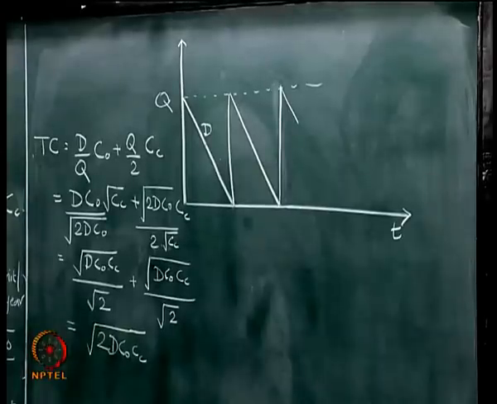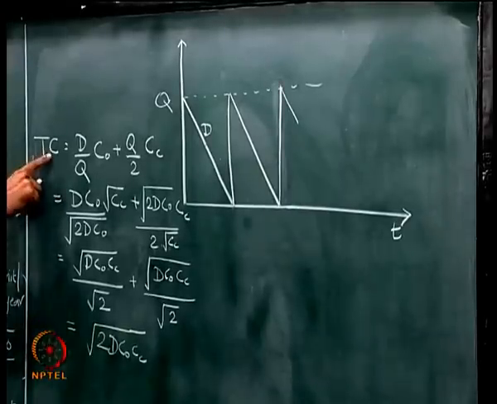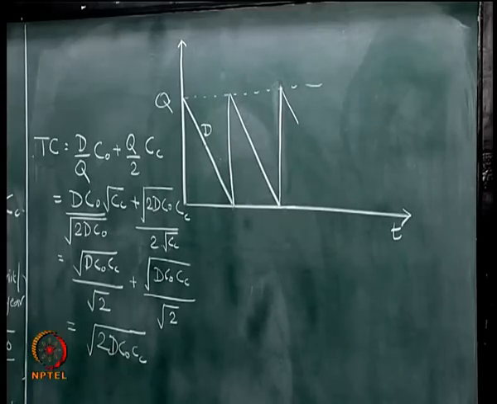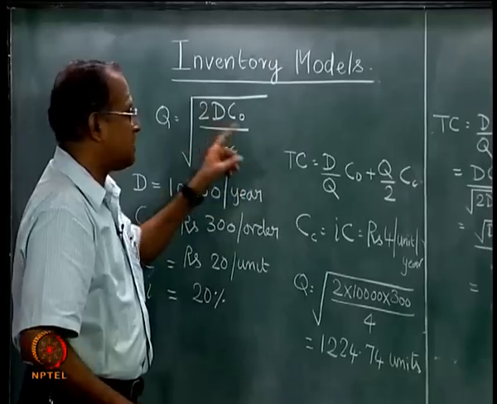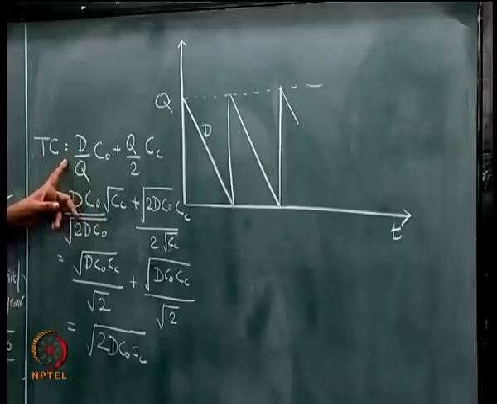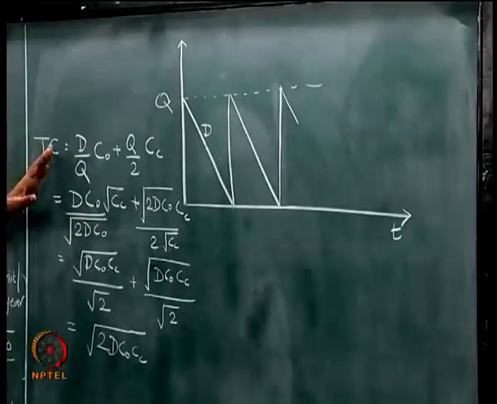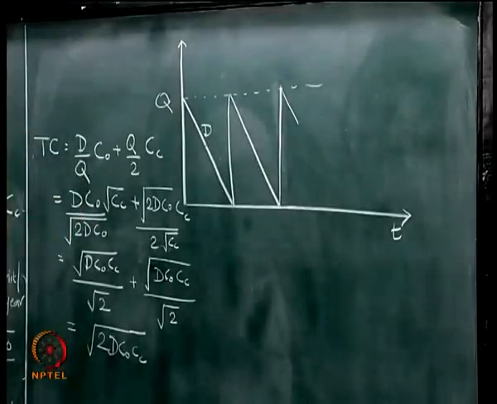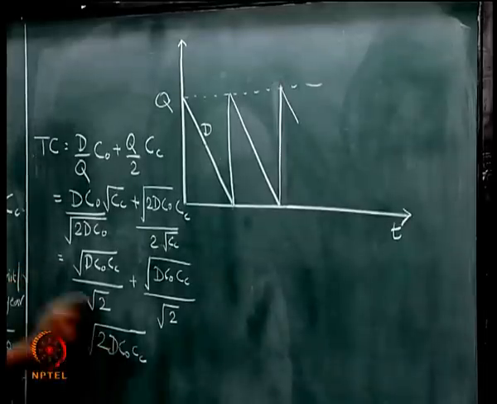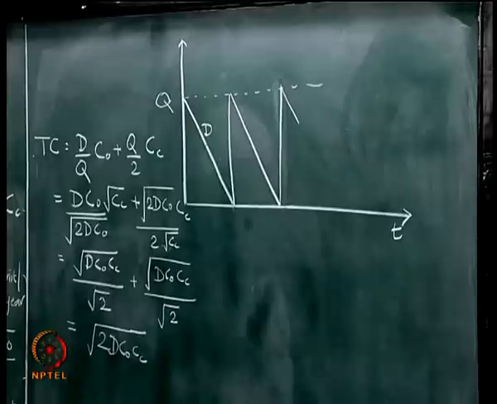So we can now write the total cost in terms of only the known parameters, which are D, C0 and Cc, and not in terms of the computed number, which is Q. So the total cost at the optimum, the minimum total cost that we will incur, is root of 2 into D into C0 into Cc.